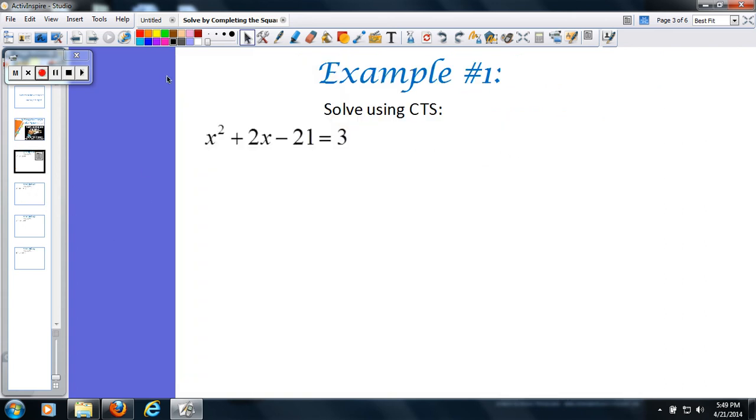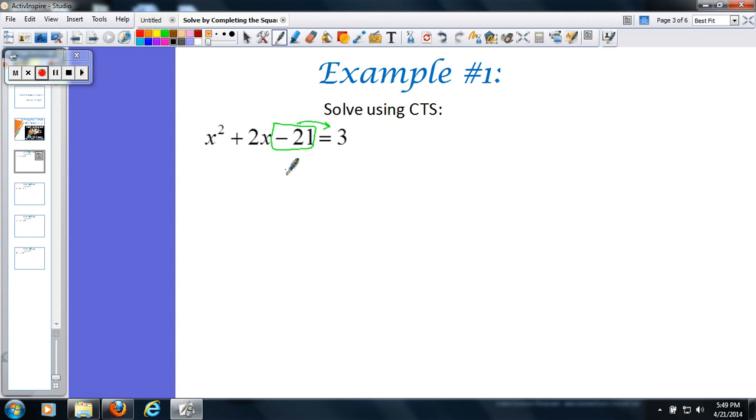So, when we look at a quadratic equation, and I'm asking you to solve by completing the square, the first thing we have to do is move this number right here over to this side.